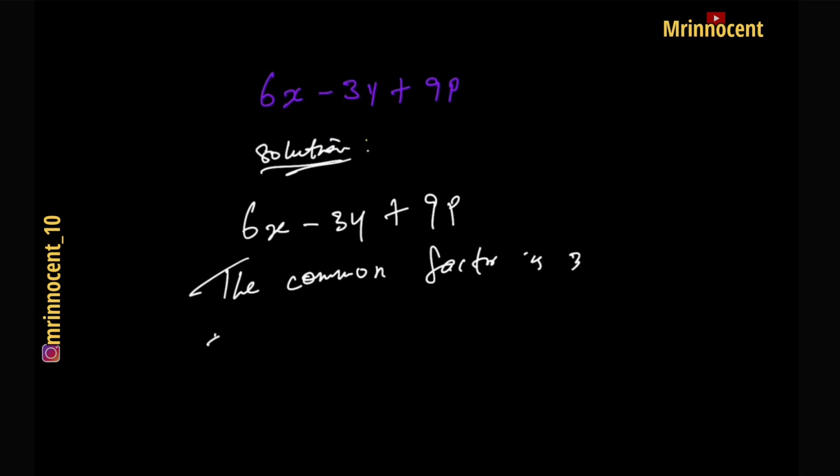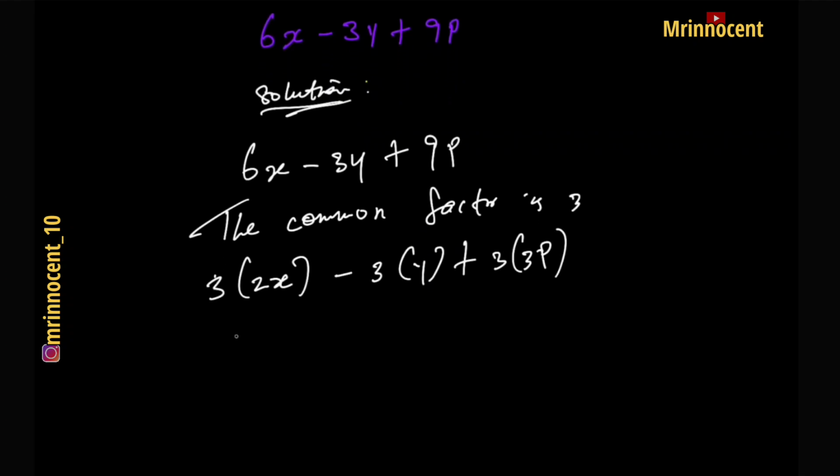So you have 3 into 2x minus 3 into y plus 3 into 3p. So you have 3 bracket 2x minus y plus 3p.